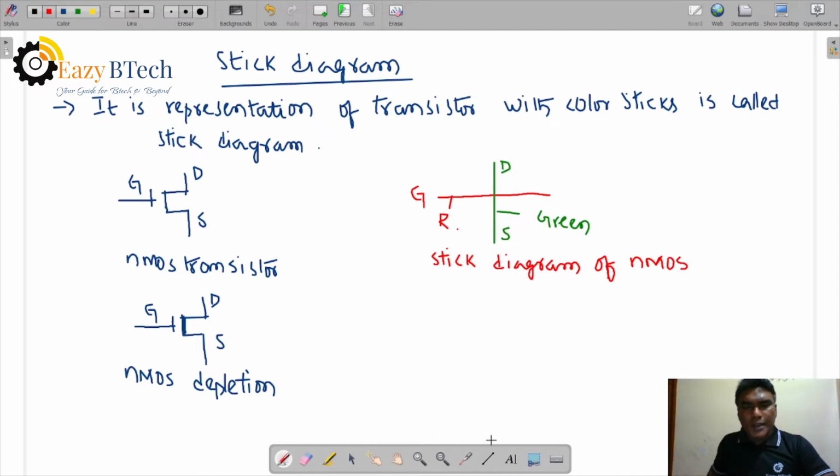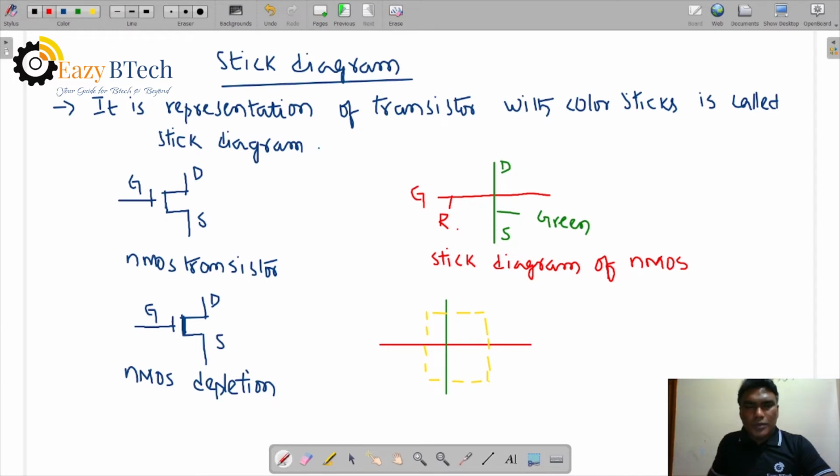It is again red over green, red over green with yellow implantation, with a yellow dotted line. You see, this is a yellow dotted line. Instead of the transistor symbol, we can represent the transistor with color sticks. Color representation is called a stick diagram.